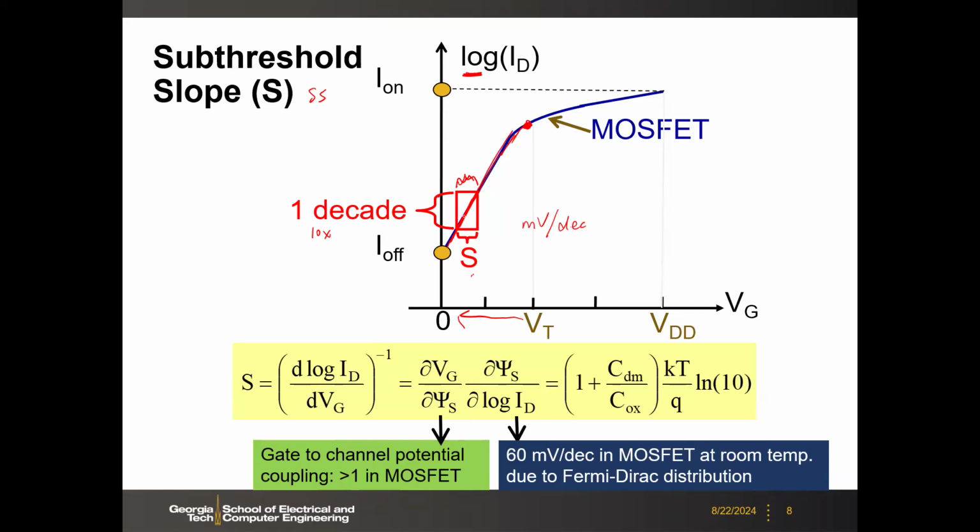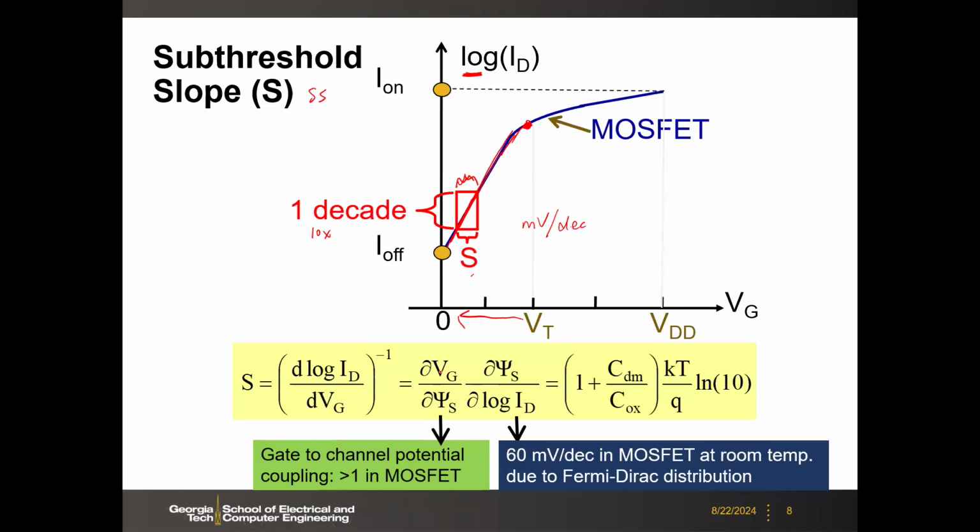Okay. So here, mathematically, you have this formula, where S is defined as the derivative of log ID over VG, and then using the chain rule of calculus, you can divide this into 2 parts.